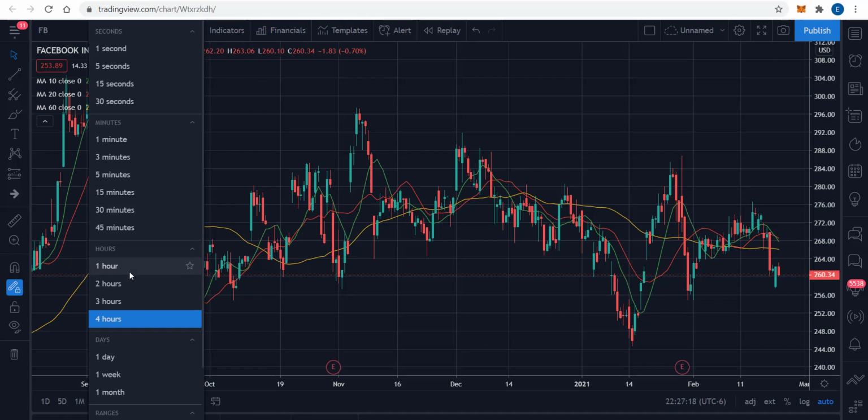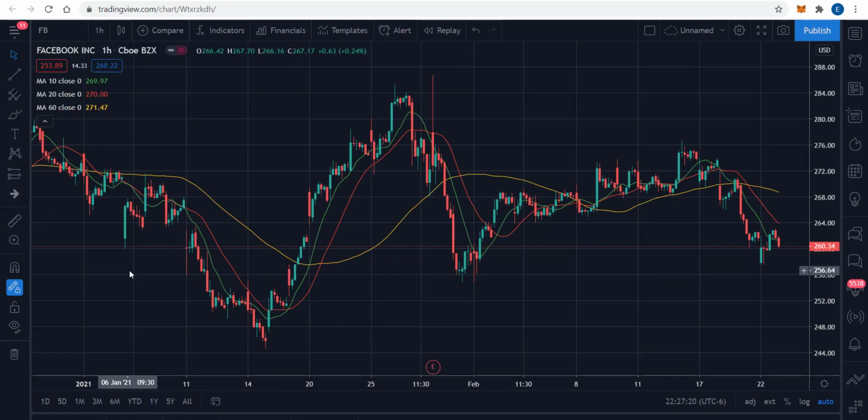We're just going to keep dropping it until we start to see something that's relevant. So at the 1-hour level, I see right now the 60-day higher than the 20, higher than the 10. That is an indication of a short, right? That's a market that's heading lower. Problem, of course, is right now price action is actually touching our 10-day moving average, and I don't like that.